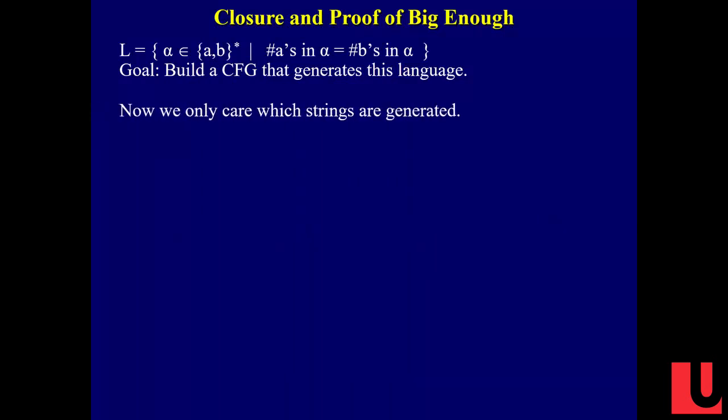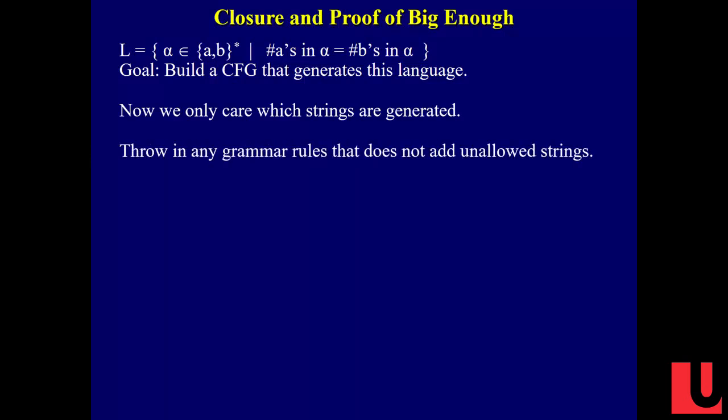We just care about which strings are generated and which aren't. We want our grammar to generate every string that's in this language and not generate any string that's not in the language.